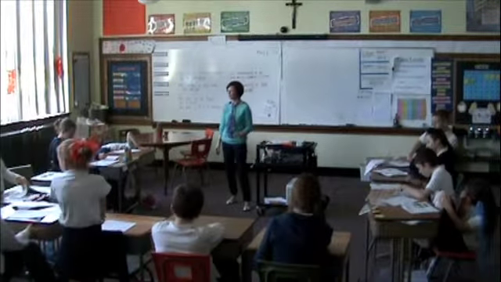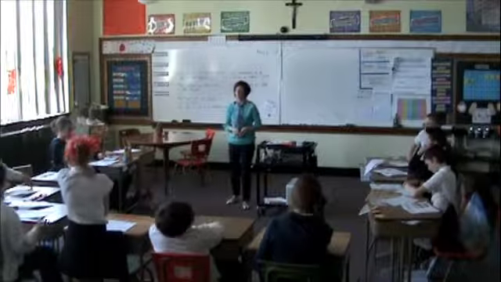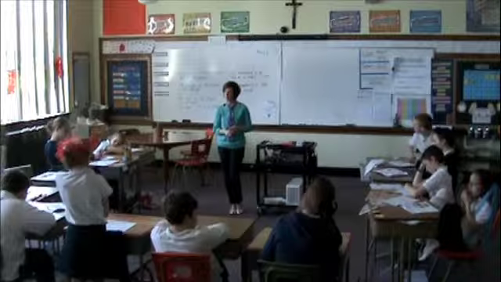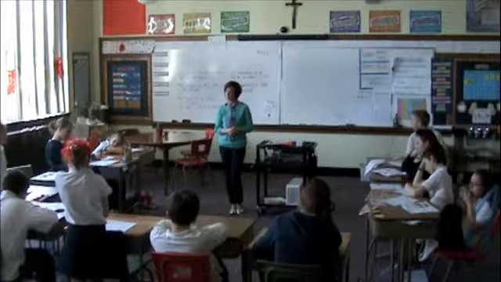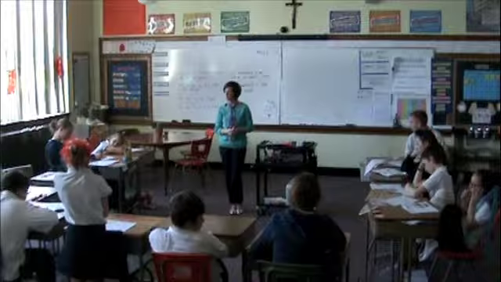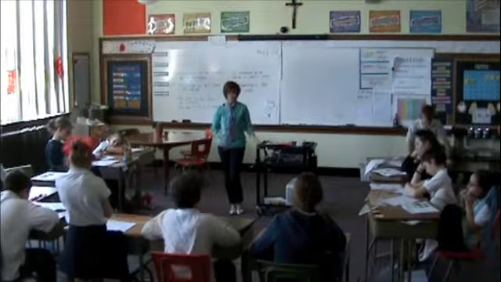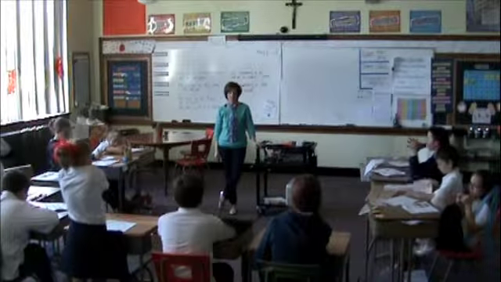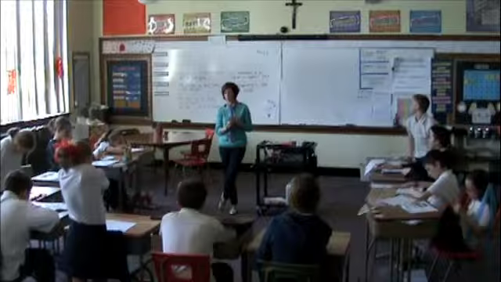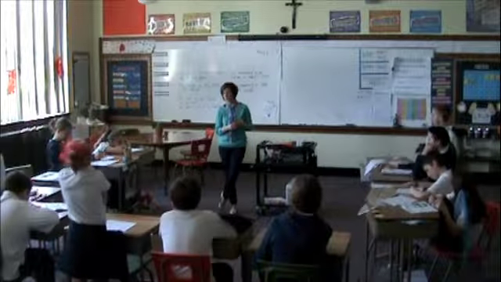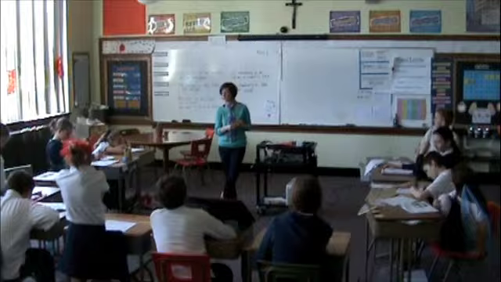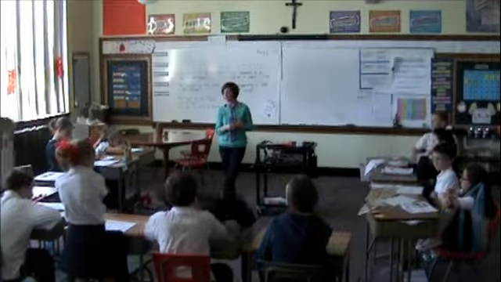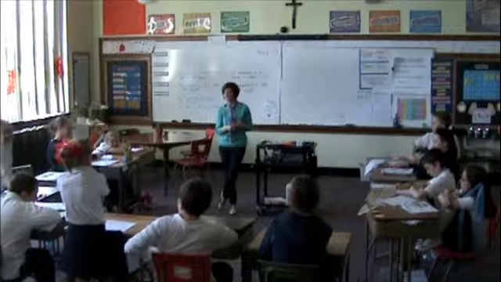Could you give us a simile for one of the objects? The pine cone is as brown as dirt, so we had to write one using as, but then we had to write one using like too. The cotton ball is like a jar of baking powder. So we had to come up with two, which was kind of tricky at times.